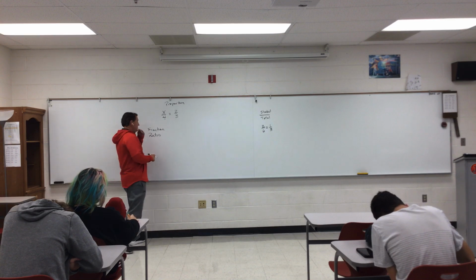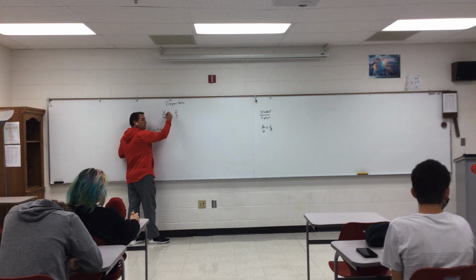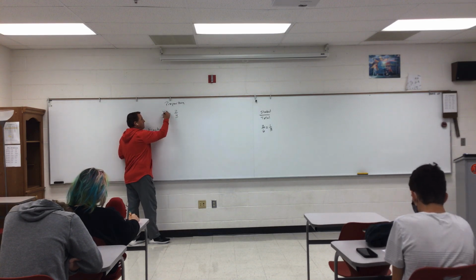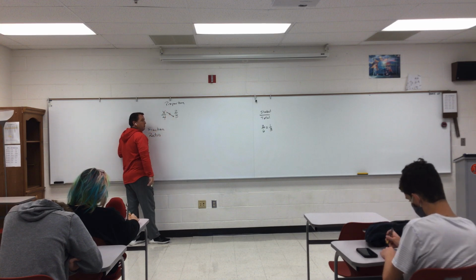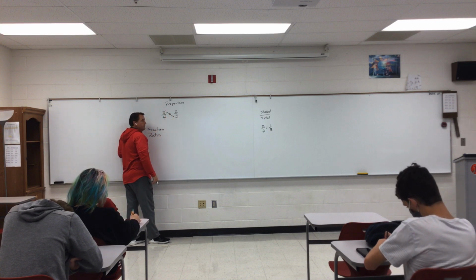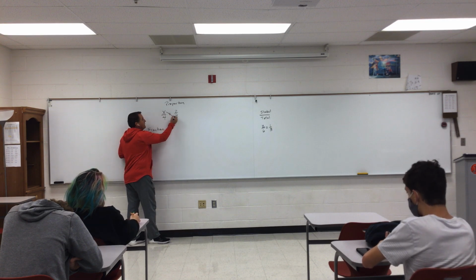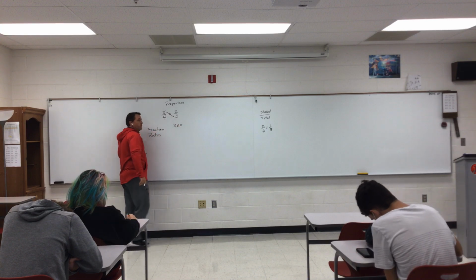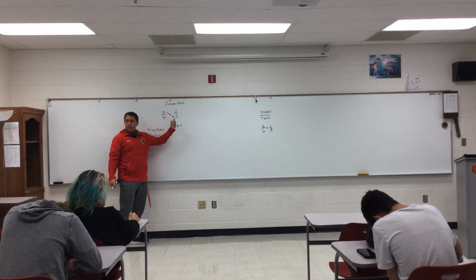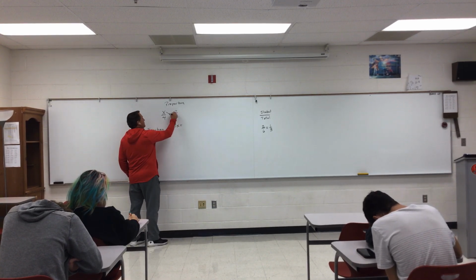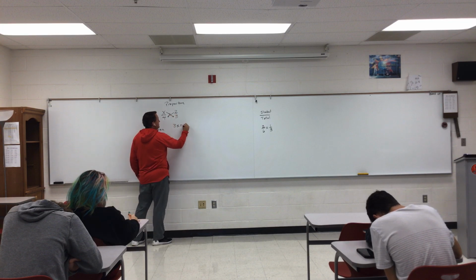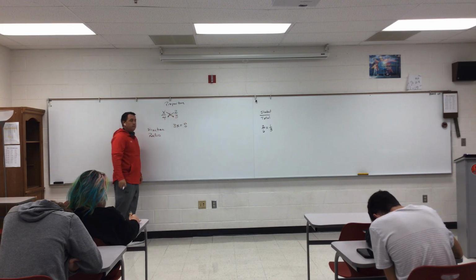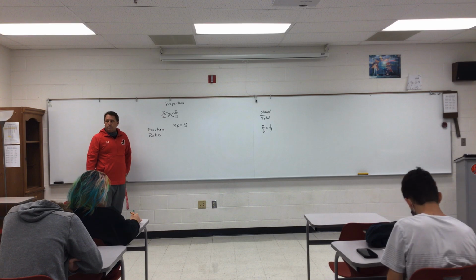What that meant was, so if I have this fraction and this one, you're always going to do the top multiplied by the bottom on one side. So in this case, I'm going to do x times 3. And then I'm going to do the same thing with the other two numbers. I'm going to multiply the top times the bottom one, like that. So that's the cross multiply part.